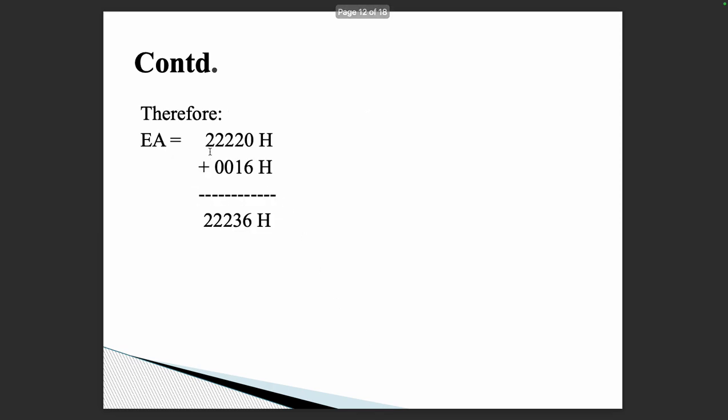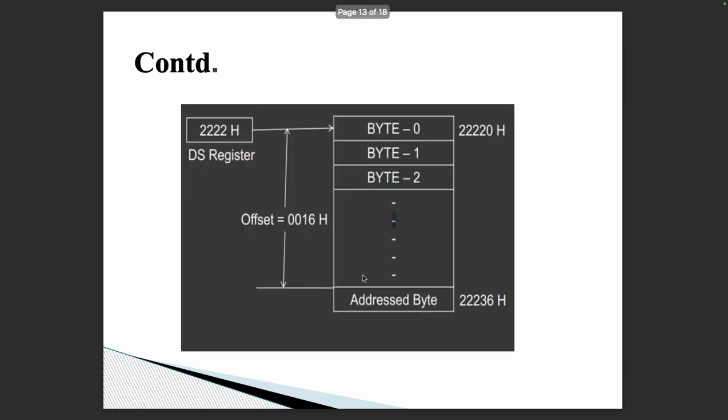So how do you do it? You have 2222, multiply it with 10 or append 0 to it and add this 16 to it. So this will be 6, 2 plus 1 is 3. So the address will be 22236. You getting how we got the 22236? Because the data segment में हमारे पास 4 digits थे, hexadecimal, that is 16-bit binary. लेकिन base address of the data segment will it be 2222 or 22220? 22220.